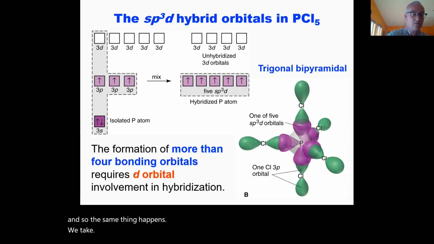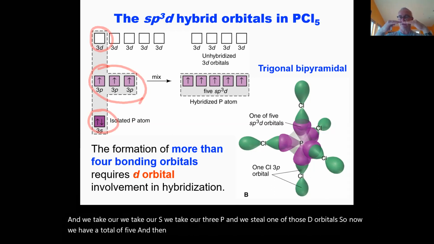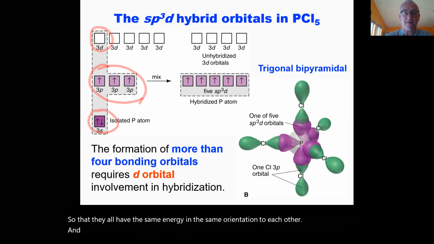We take our s, we take our 3p, and we steal one of those d orbitals. So now we have a total of 5. And then we hybridize those so that they all have the same energy and the same orientation to each other. And so then I have my 5 orbitals, and then I start filling them up.